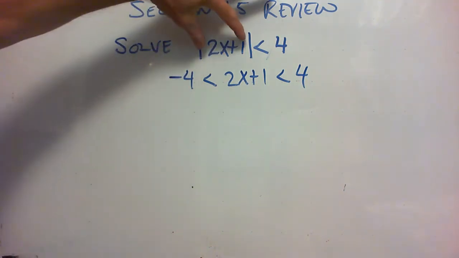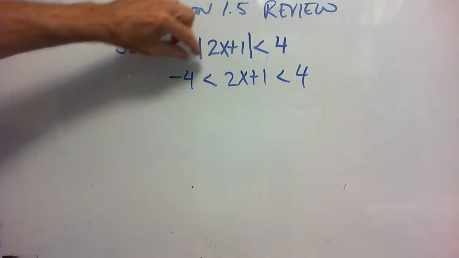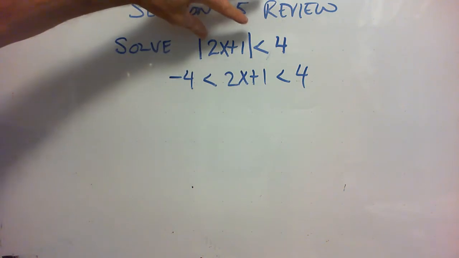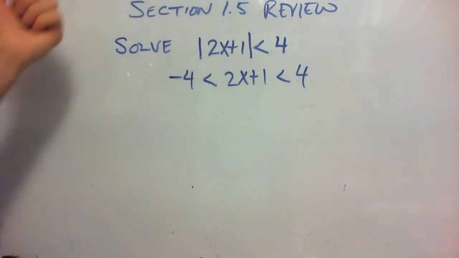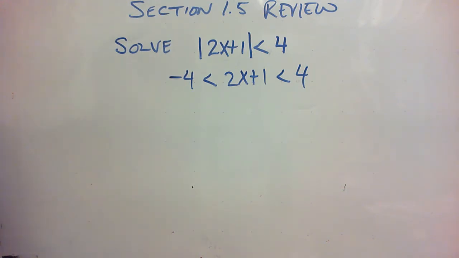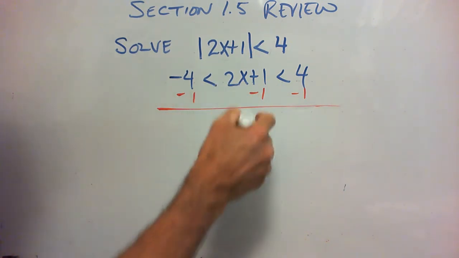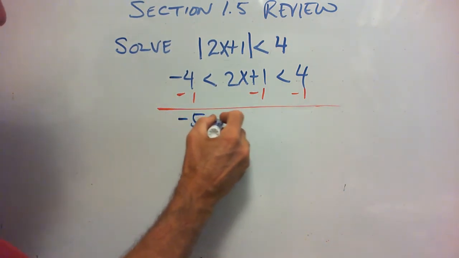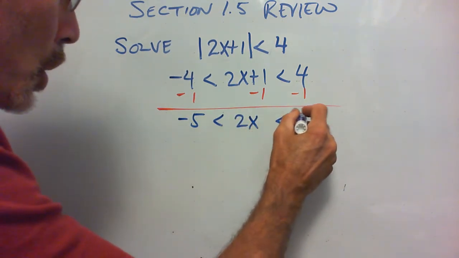It's because the quantity inside the absolute value bars, if it's between negative 4 and positive 4, when we take the absolute value, it will be less than 4 because it'll be positive. So now we solve another double inequality. Subtract 1 from all three parts. So we have negative 5 less than 2x less than 3.